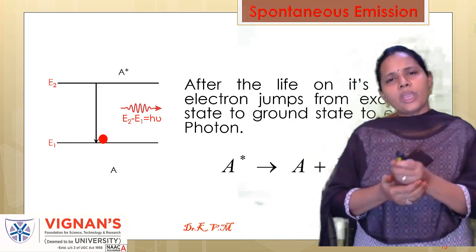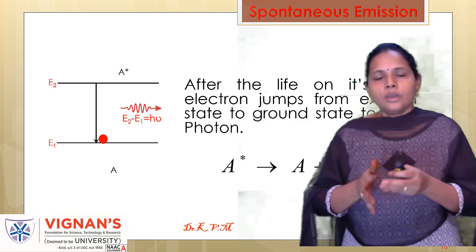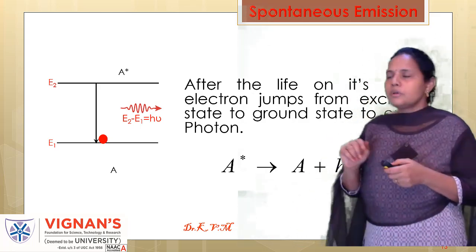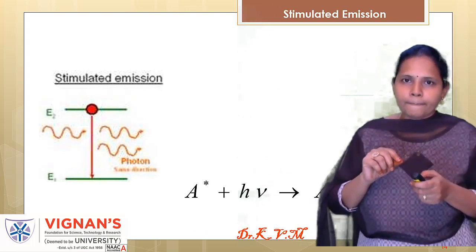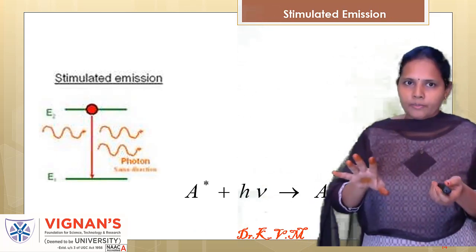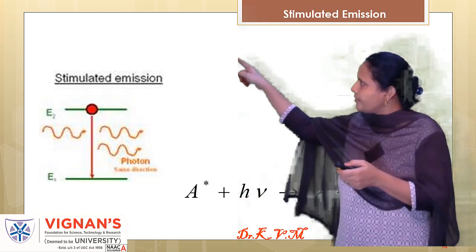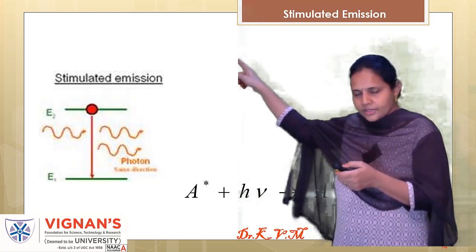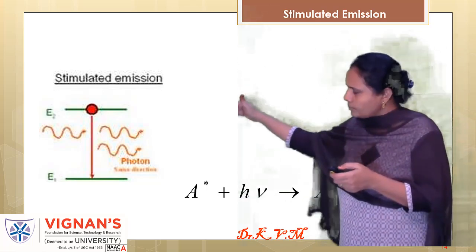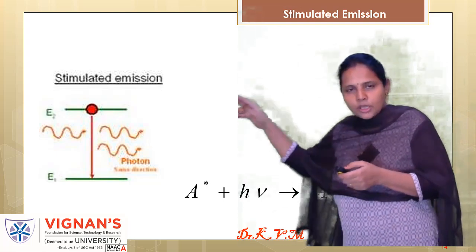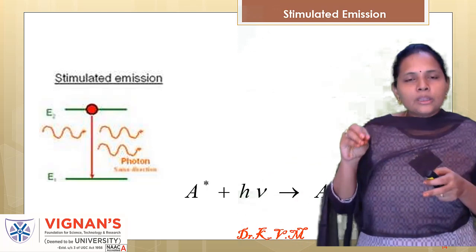Then how can we make these emitted photons coherent? For that, we are moving to stimulated emission. In stimulated emission, within its lifetime, one more photon is triggered with the atom in the excited state so that it pushes the atom down to the ground state, and the two photons come out with the same phase.